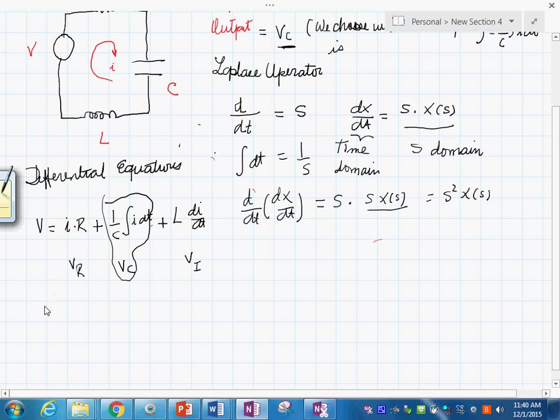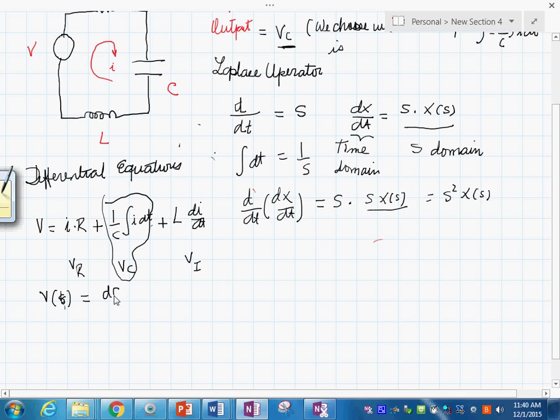Okay, so we have this in here. If we apply the Laplace transform to both of these, well, before we do that, let's put it in terms of the charge.